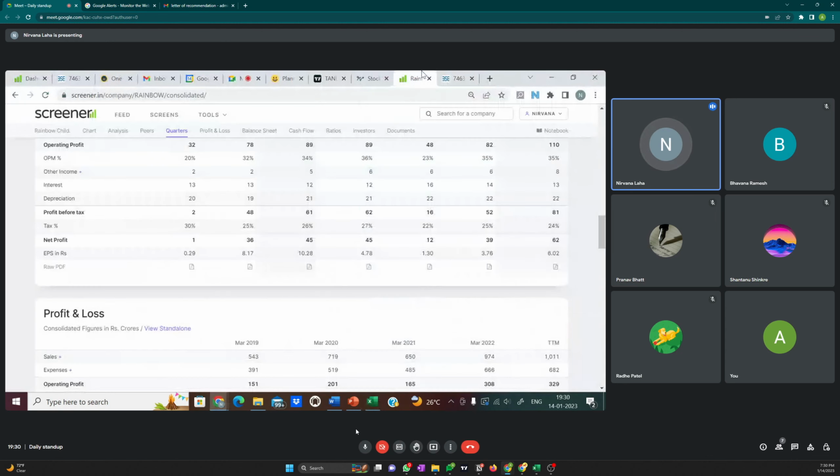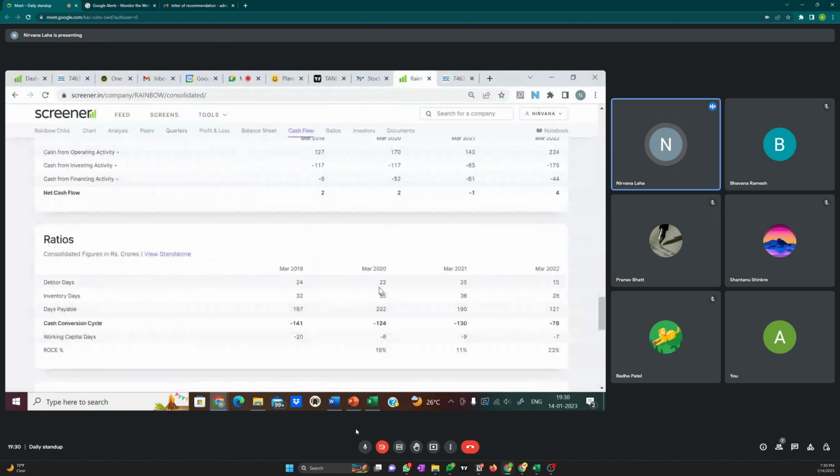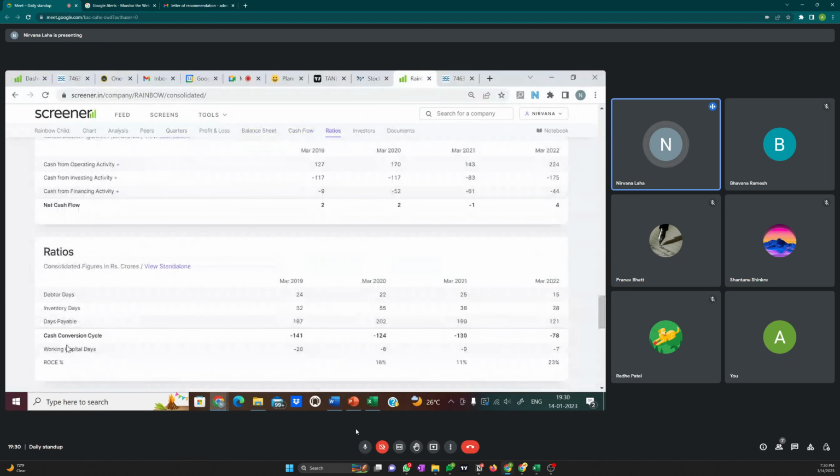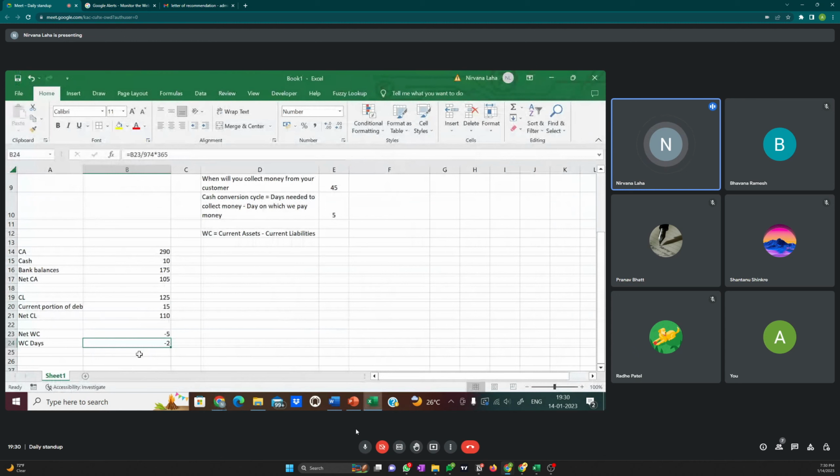If you compare this with Screener, I think there'll be some differences. If you check Screener for 2022, they are reporting minus 7 days of working capital. That's because on the net current liability, I think they don't remove this. If we make this 0, then it becomes 7 days, right?